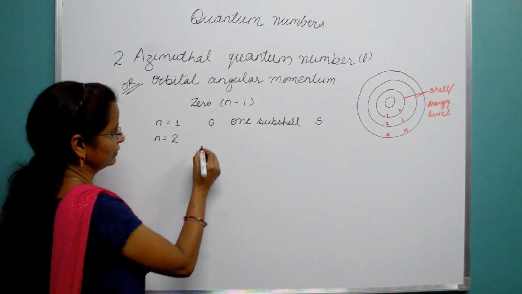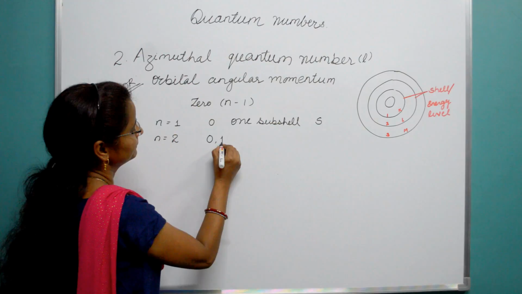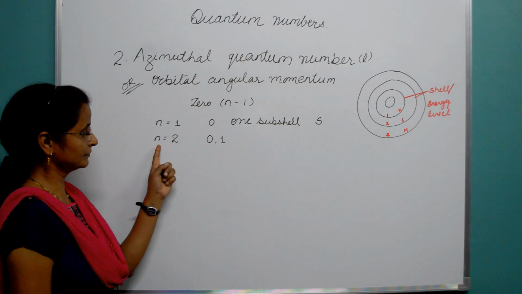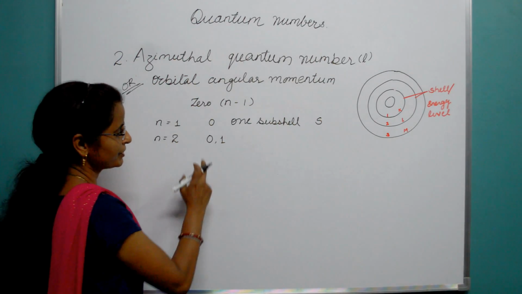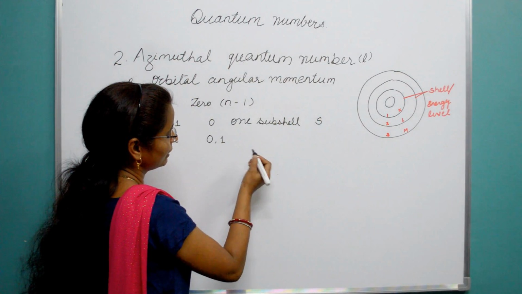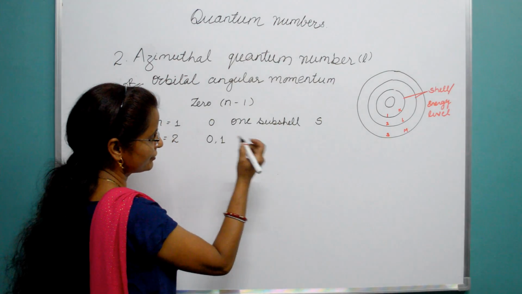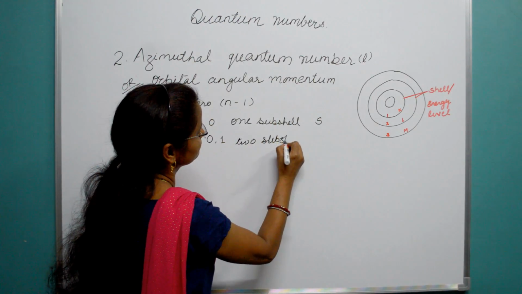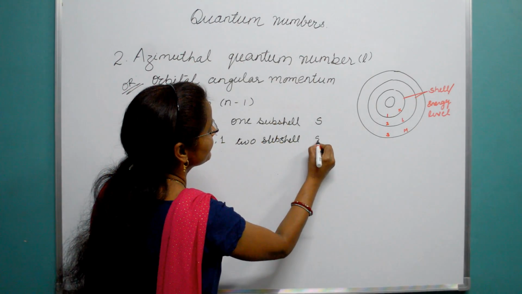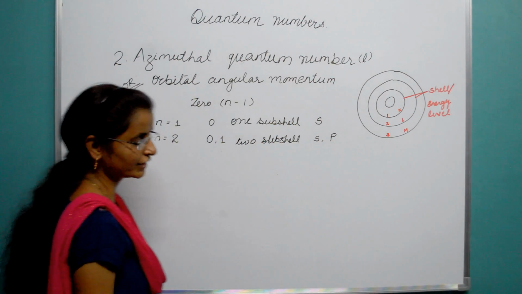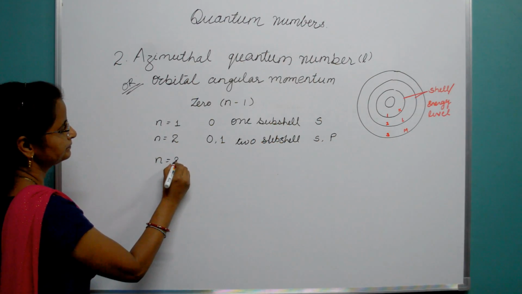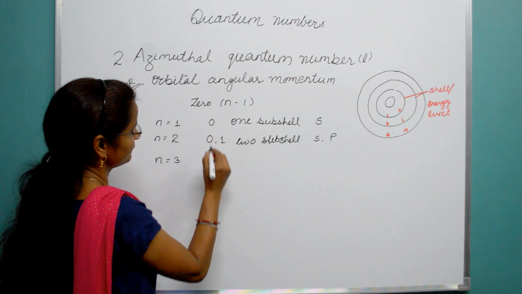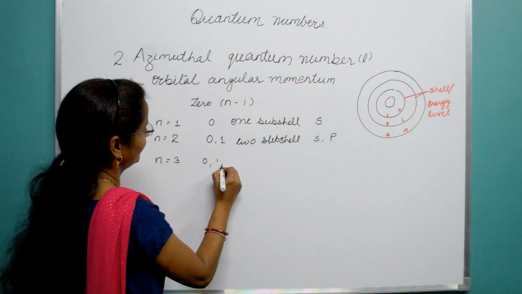Now if n is equal to 2, the second energy level, then its value is 0 and 1. So in the second shell, how many subshells are present? Two: S and P. Now about the third, n minus 1 gives 2, so the values are 0, 1 and 2.